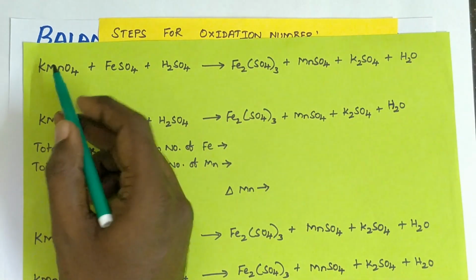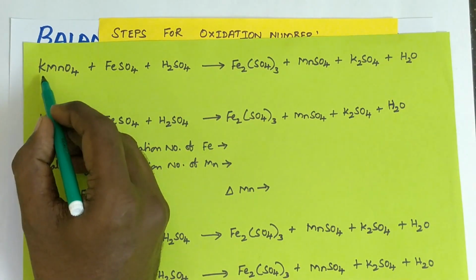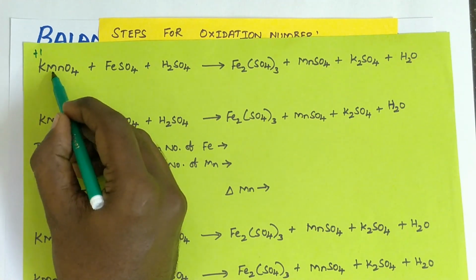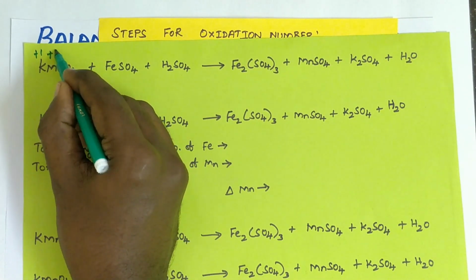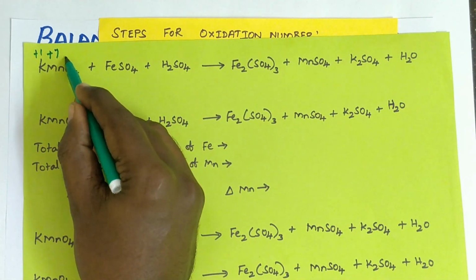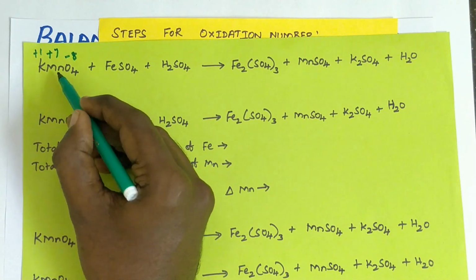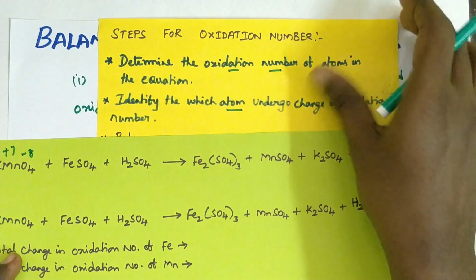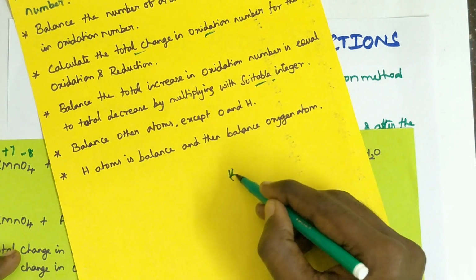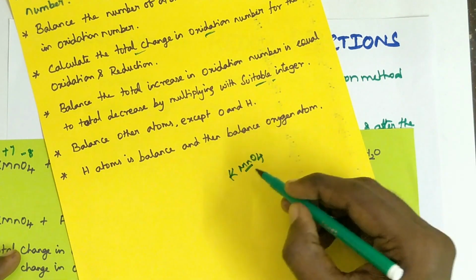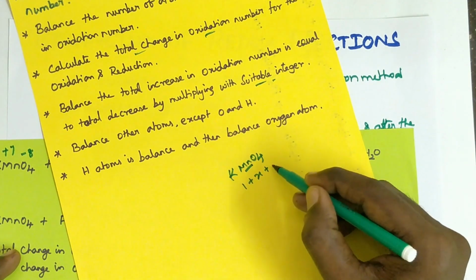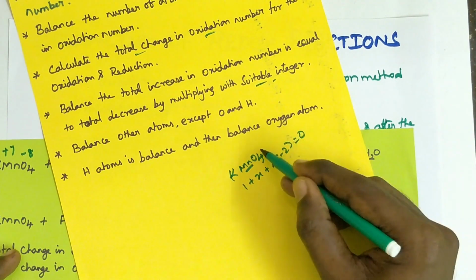First of all, we already know how to calculate oxidation number. Potassium is +1 and oxygen is -2. For KMnO4, let the oxidation number of manganese be x. Potassium is +1, so 1 plus x plus 4 into -2 equals 0, because the molecule is neutral.